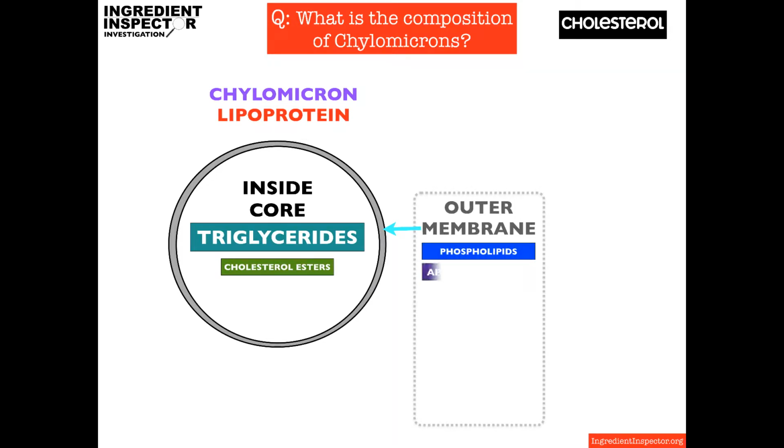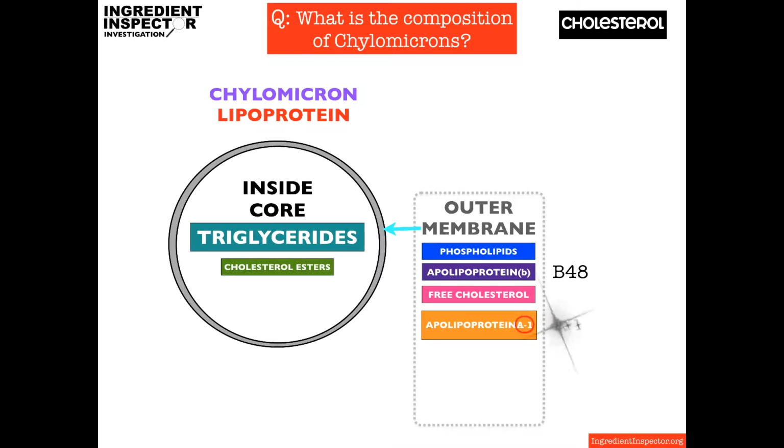We see the phospholipids and the apolipoprotein, in this case apolipoprotein B, specifically B48, and the free cholesterol. Those are the three things that we just looked at before. We also see in the outer membrane apolipoprotein A1. This A1 and also other apolipoproteins are in the outer membrane of a chylomicron.